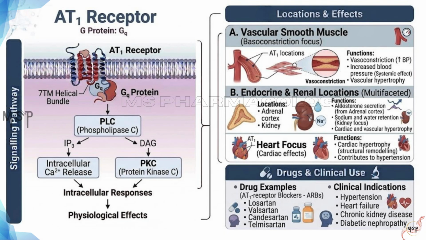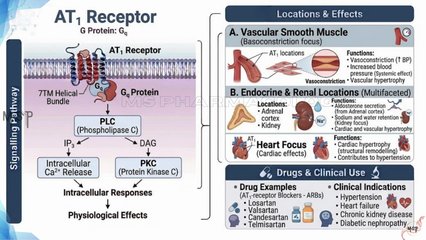The AT1 receptor is coupled to GQ proteins and is widely distributed in vascular smooth muscle, the heart, kidneys, and adrenal cortex. Activation of these receptors stimulates the phospholipase C pathway, leading to increased intracellular calcium levels. Functionally, AT1 receptor activation produces vasoconstriction, aldosterone secretion, sodium and water retention, and an increase in blood pressure.